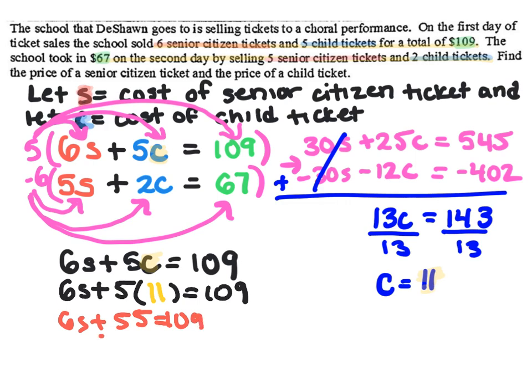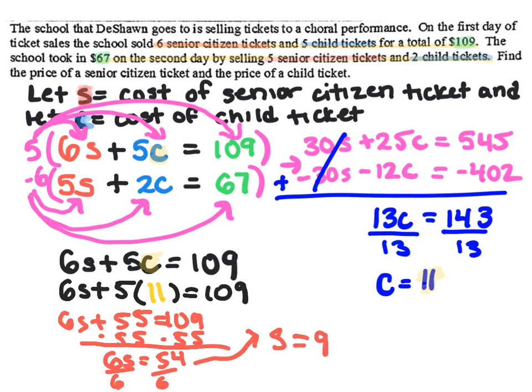Subtract 55. Which gives you that 6s equals 54. And you divide both sides by 6 to get that s equals 9.